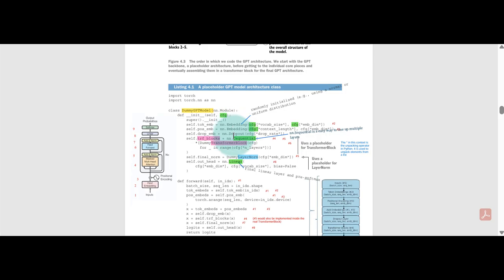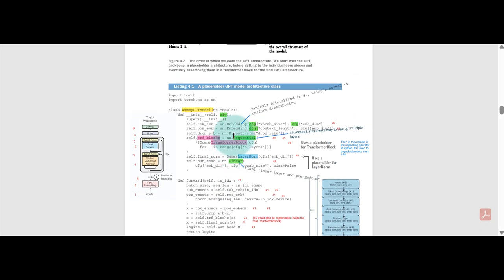Okay, here's listing 4.1, and this is the structure that we're trying to build. We take the inputs, we do something with them, then we have the attention head, and then we do some more, and some more, and some more, and then we're finished, and we just do these end steps and so on.